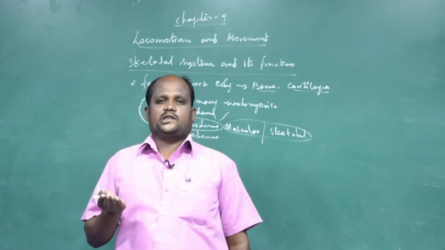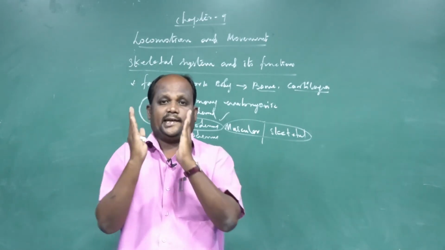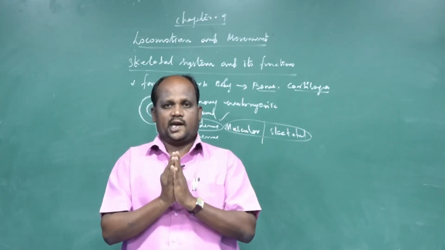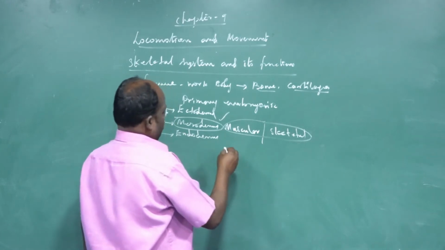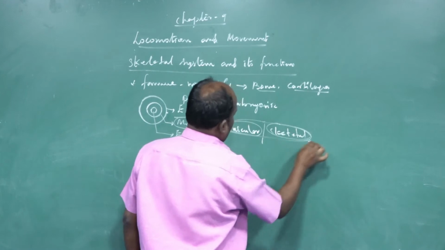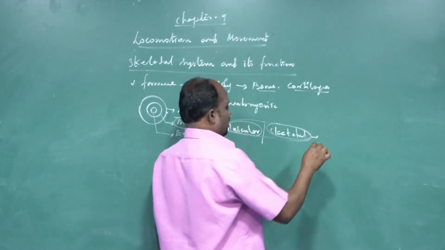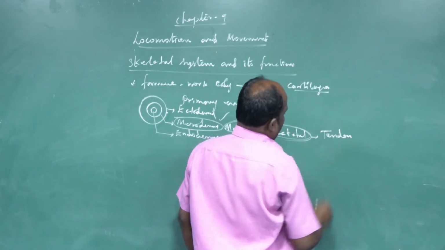The skeletal structure is not individually present in our bodies; it is attached with the muscles. The muscular system is one, the second is the skeletal system. Both are joined, and that junction is called the tendon. What is the meaning of tendon?